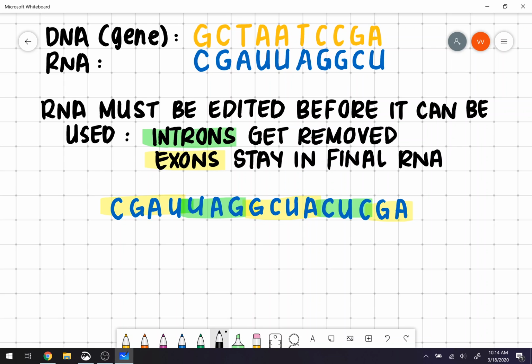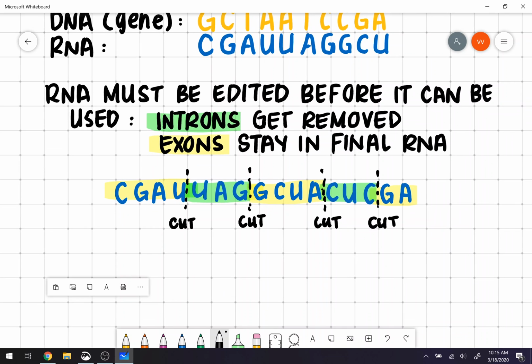So during RNA editing, what's going to happen is you're going to have your RNA cut into pieces, right? It gets cut between every intron and exon sequence that there are.